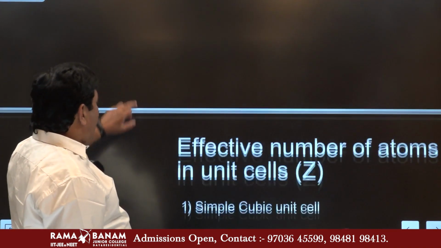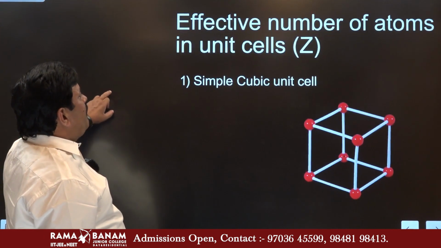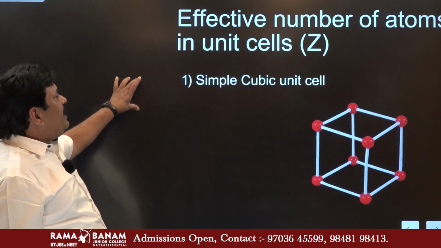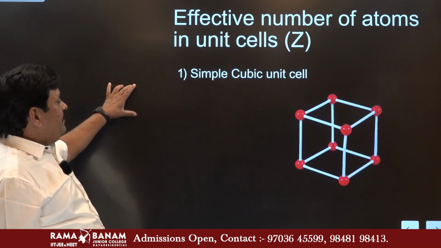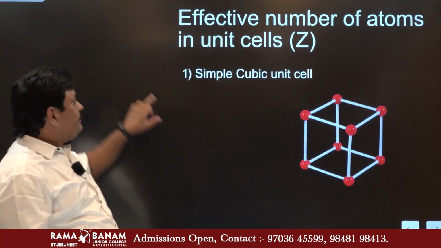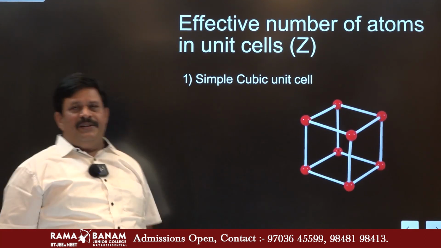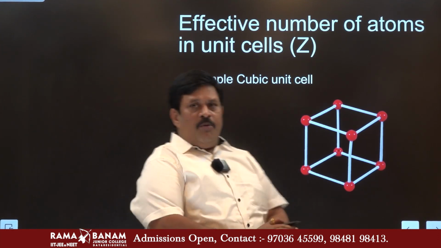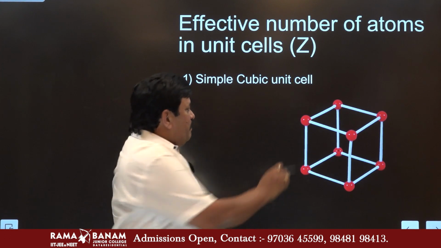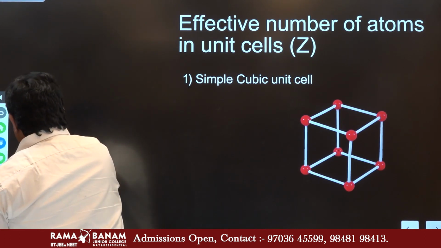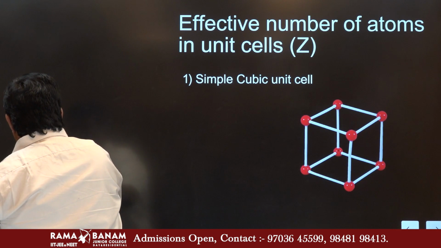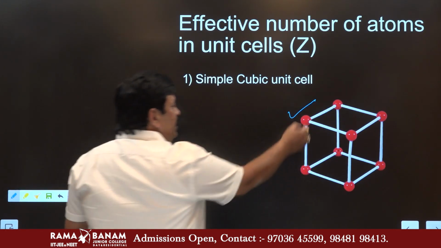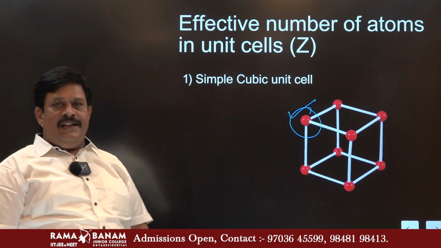So, coming to the next part, effective number of atoms, which is represented by the letter Z. What it means? I already told. Here the particle is at a body corner. This particular atom, ion or molecule is not confined to one unit cell.